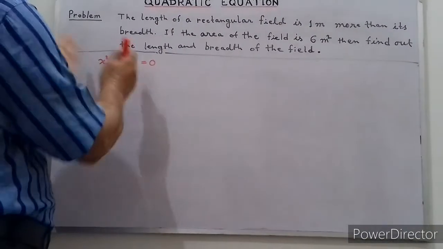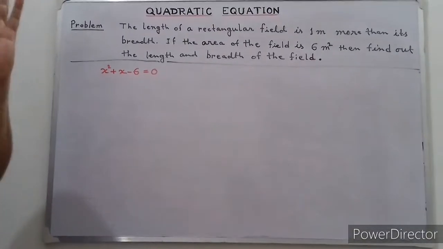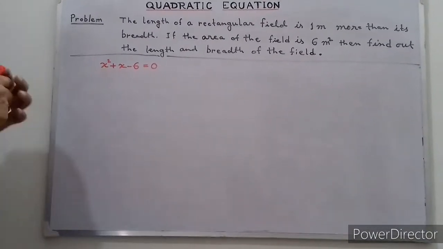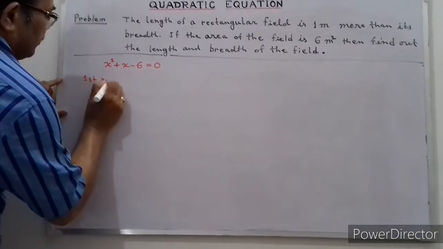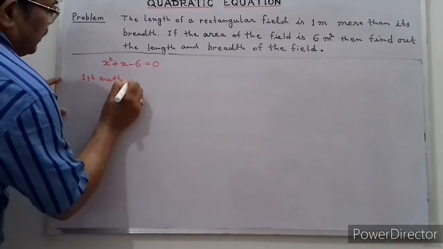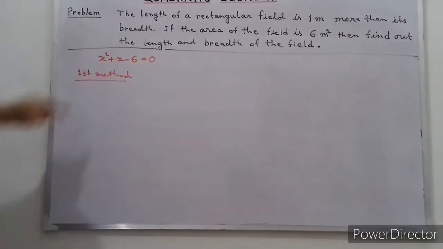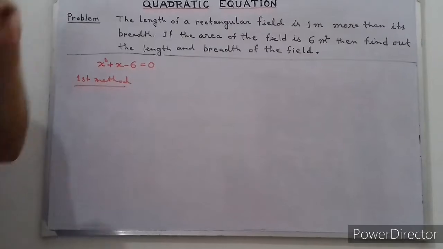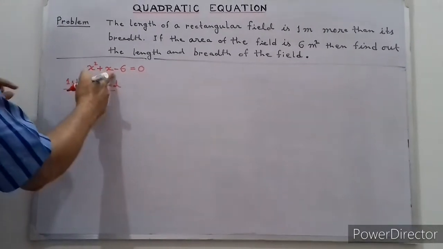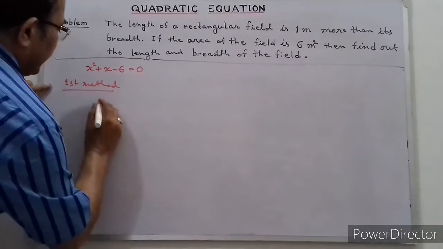Now how can we solve it? There are 4 methods to solve this problem. First method is we will convert this expression, the left hand side, into the difference of two squares. How? x square plus x minus 6 equals 0.